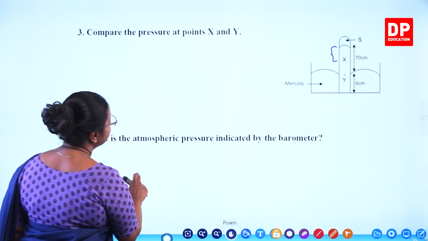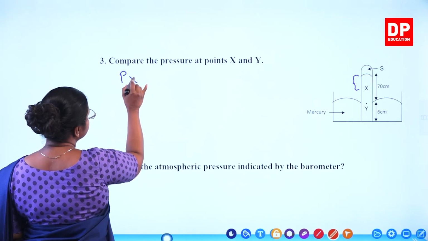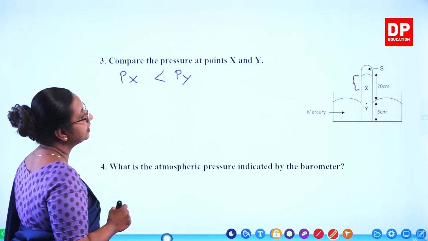Compare the pressure at point X and Y. I will write it as Px and Py. So Px is less than Py.